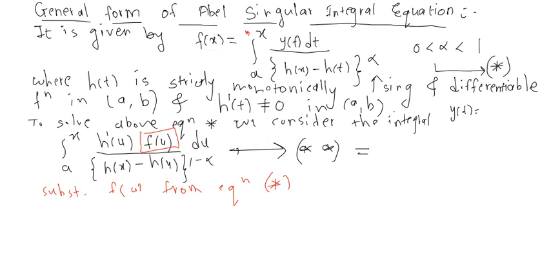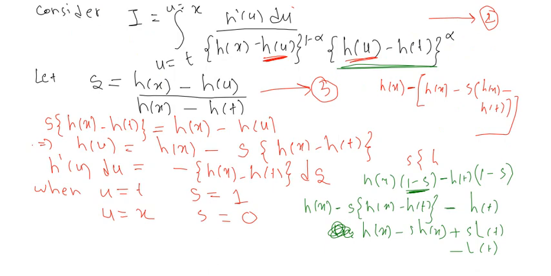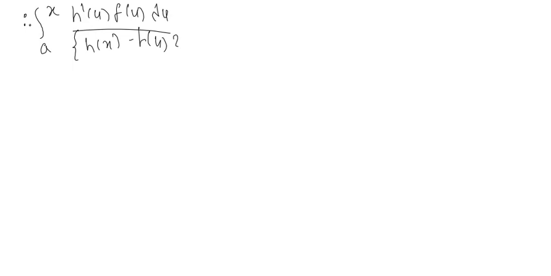Okay, so now this equation becomes equal to, so I will write it here, therefore we have integral from a to x h dash of u f of u du divided by h of x minus h of u raised to 1 minus alpha, equal to integral t varying from a to x y of t.